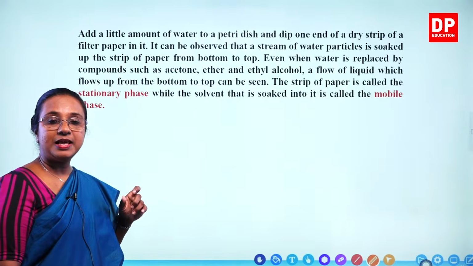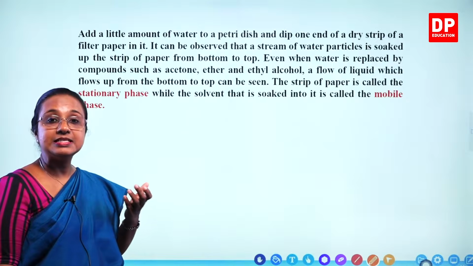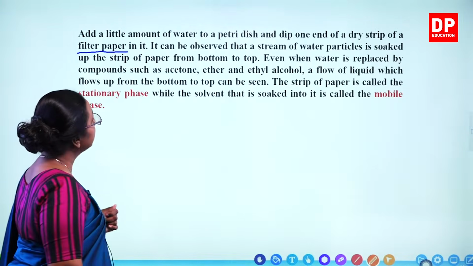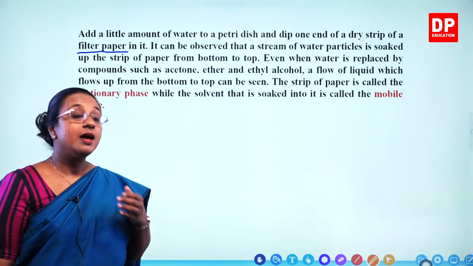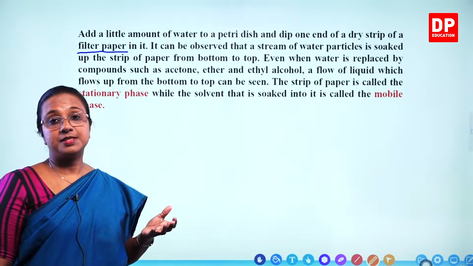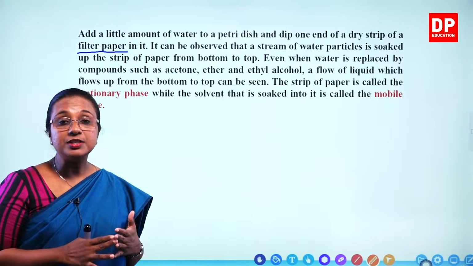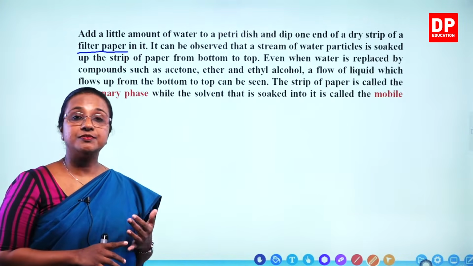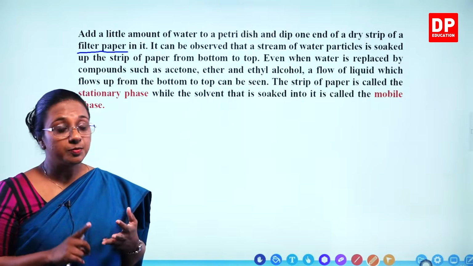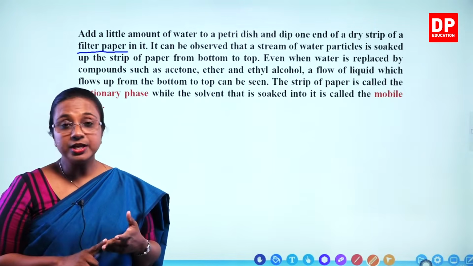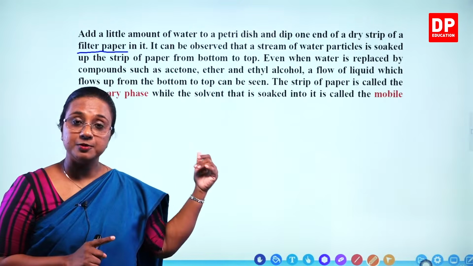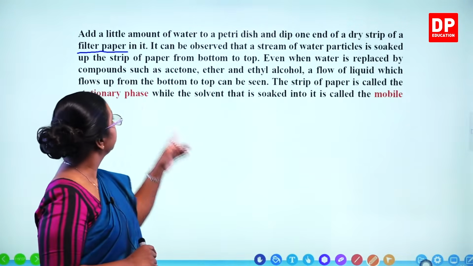As I explained, the paper is the stationary phase. So, here we are going to use a piece of filter paper. There are many different papers. You can buy the chromatography paper itself. Otherwise, we can use the filter paper, a blotting paper, a Roneo paper, or even an A4 paper can be used for this technique.